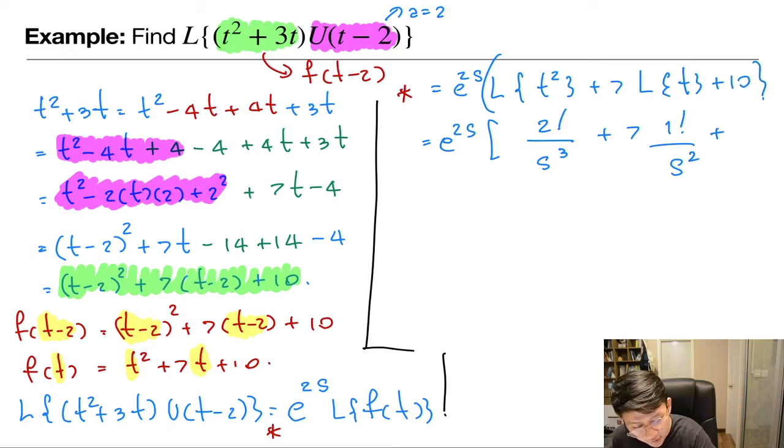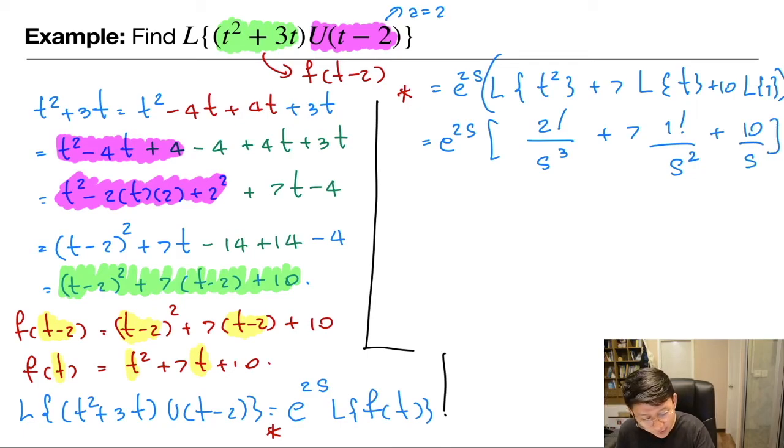Sorry, here it's not just 10, it would be 10 times the Laplace transform of 1, right? The Laplace transform of 1 is 1 over s, so we have 10 over s.